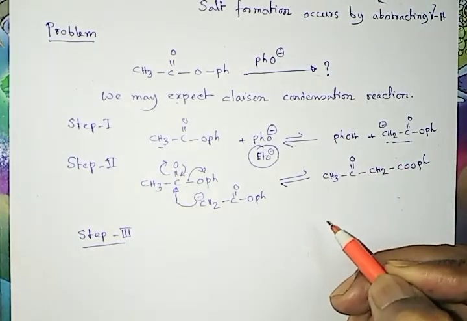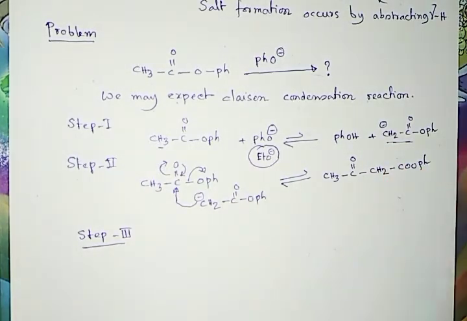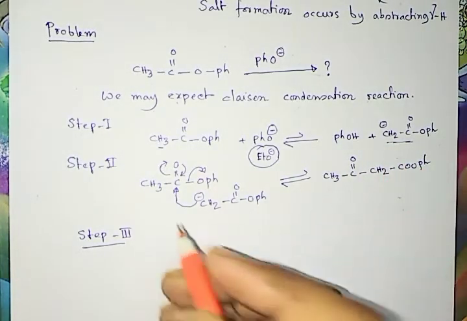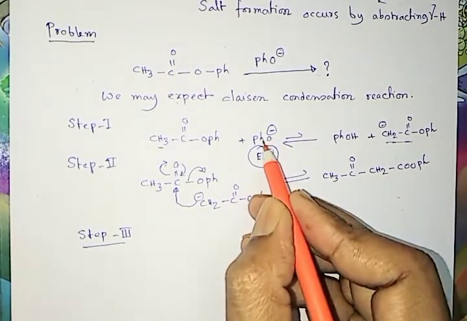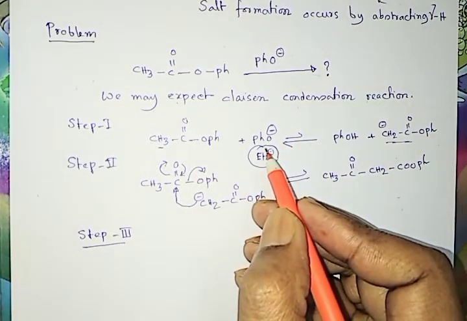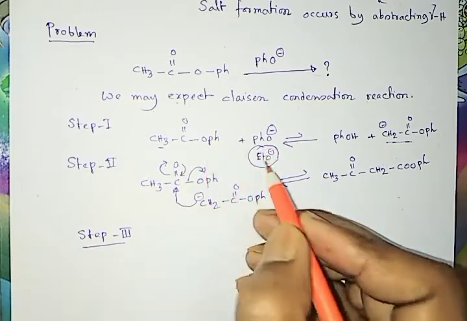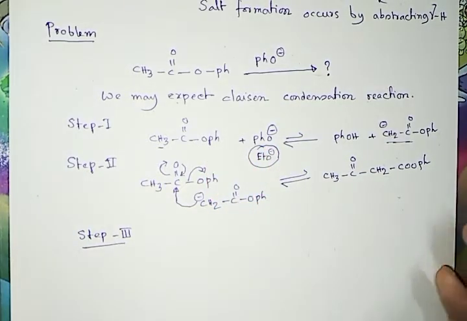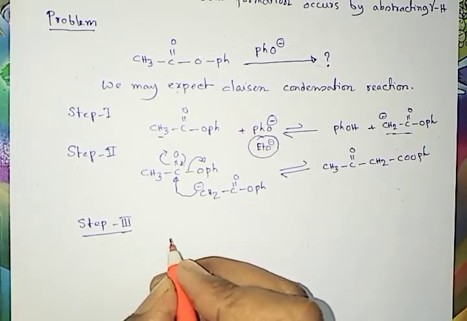Only the salt formation step helped in that case to make the reaction successful. Here we are using phenoxide. It's a much weaker base. Therefore, it cannot drive the reaction towards the right side if the salt formation step does not occur. Now this is very important to analyze. This is the salt formation step.